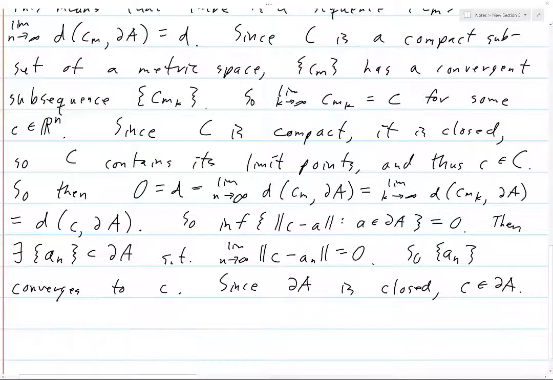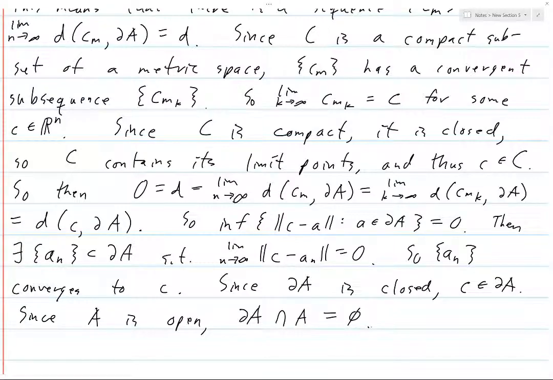But what's important about ∂A? Since A is open, the intersection of ∂A with A is empty. Because if you take the boundary of an open set, none of the points in the boundary are actually in the open set, because otherwise it wouldn't be open. So since A is open, A does not intersect with its boundary.